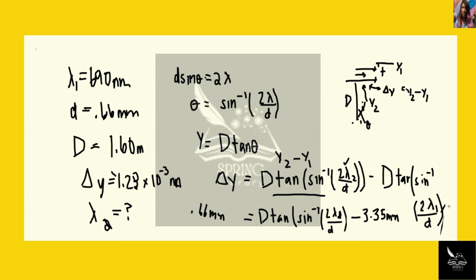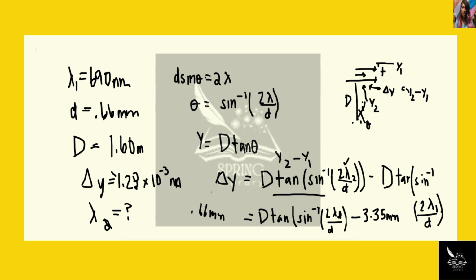I was trying to avoid the question of whether it's bigger or smaller, but it makes sense to actually figure it out. So here's our formula, and then I just have lambda 2 and lambda 1. That's the only difference between these two. And then I went ahead and calculated lambda 1. So that's at 3.35.